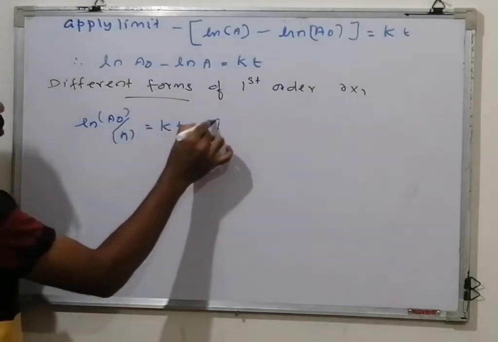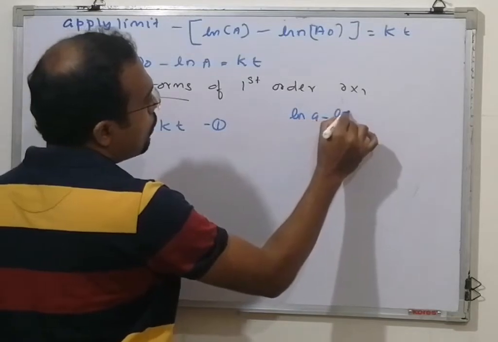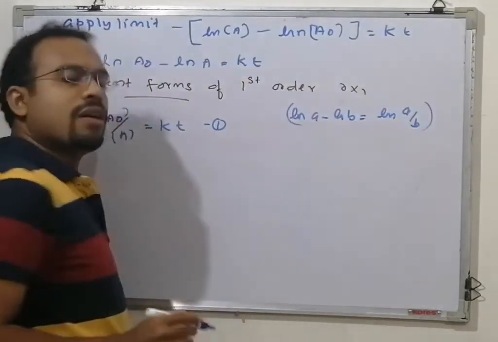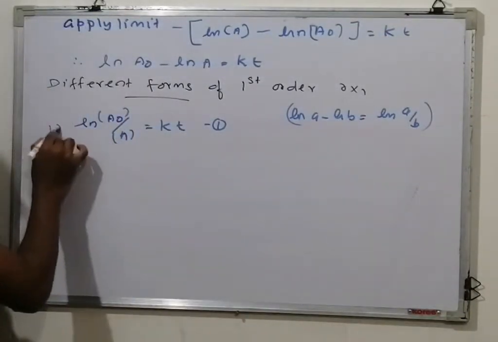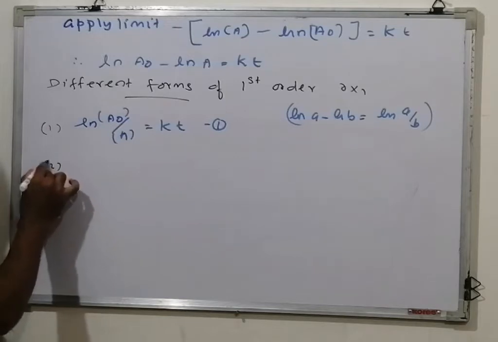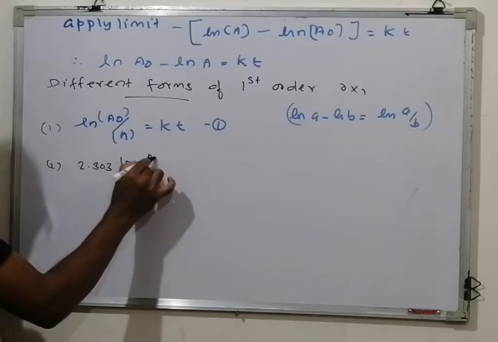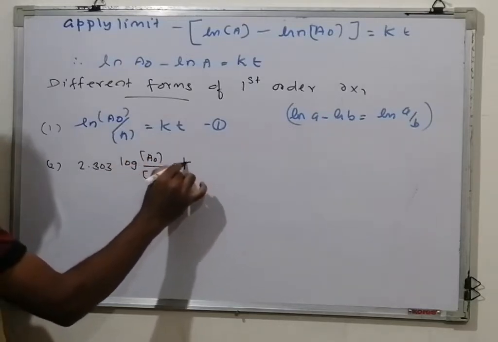Equation number 1, because you know ln A minus ln B is equal to ln A by B. This is mathematics. Obviously you remember it. Second is 2.303 log A0 by A is equal to kt. Equation number 2.